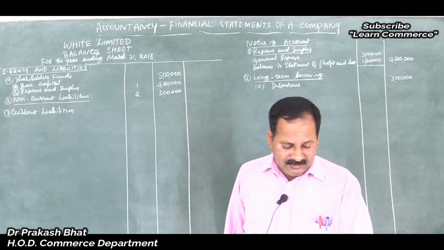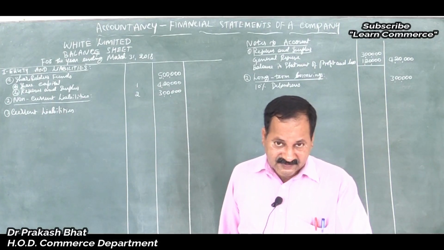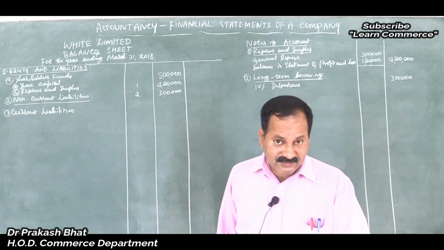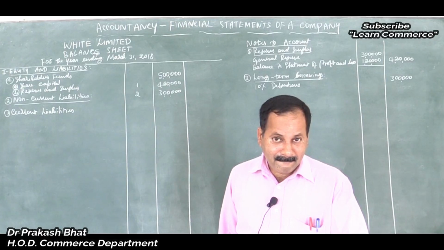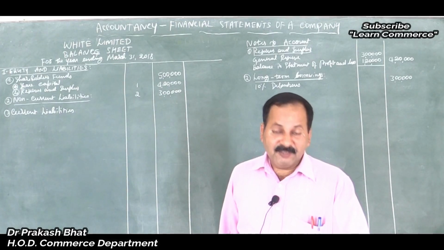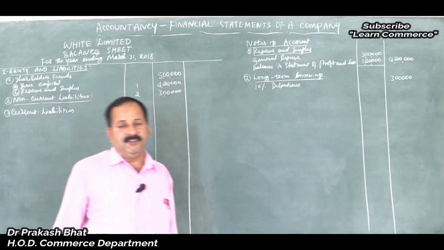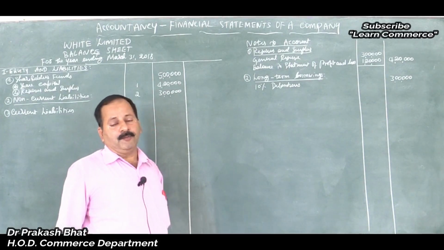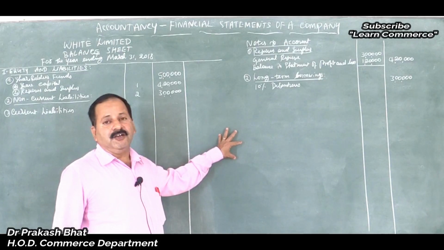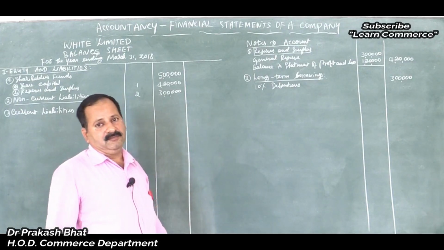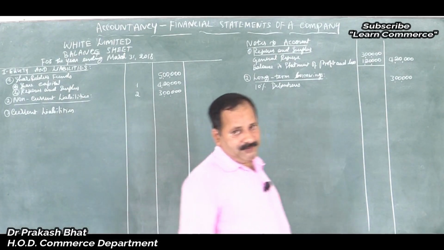30,000 we have to show under assets actually. Preliminary expenses is not coming under liability, isn't it? Got confused? Yes. Preliminary expenses are heavy expenses incurred prior to incorporation, those expenses are to be written off over a period of time. Actually, it comes under asset. It is asset.